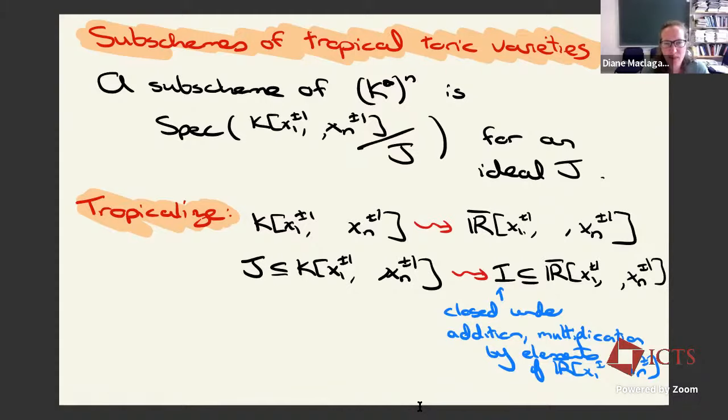Now that we're talking about subschemes, we want to allow the possibility that J is not a radical ideal. So the ring that we're taking spec of now may have nilpotents.